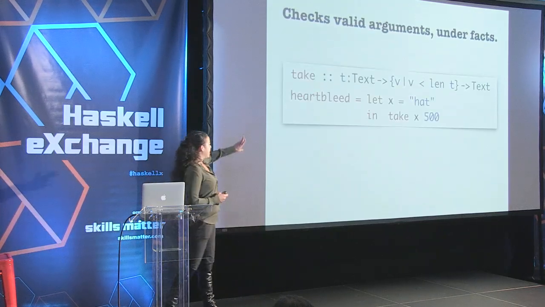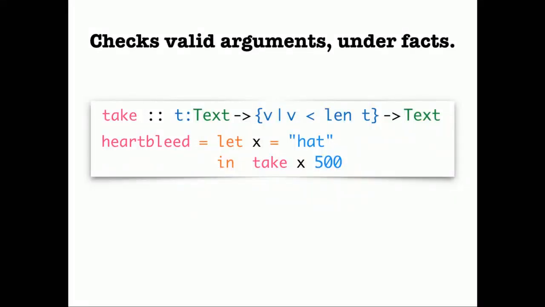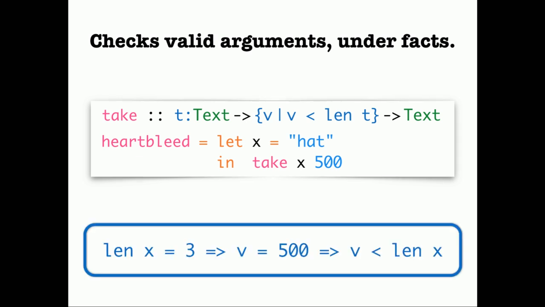So let's go back to the Heartbleed example and see exactly how this happens. I have my specification for take that says that the index is always less than the length of my input. And I am using x to bind the word hat. And then I'm going to take 500 elements from x. And what LiquidHaskell does when it sees this call is generate an implication. Specifically, it collects whatever facts it can from the environment.